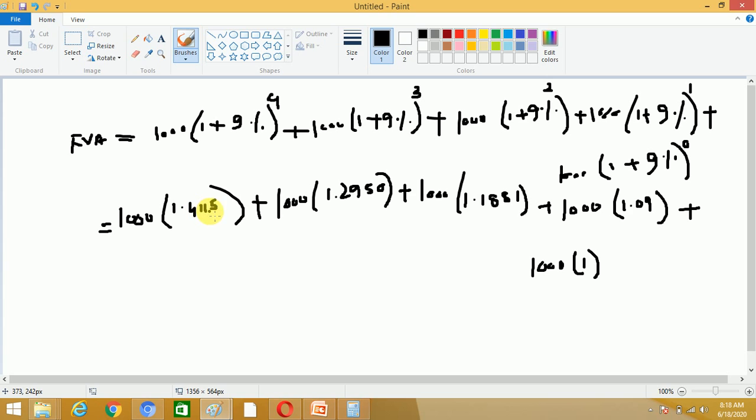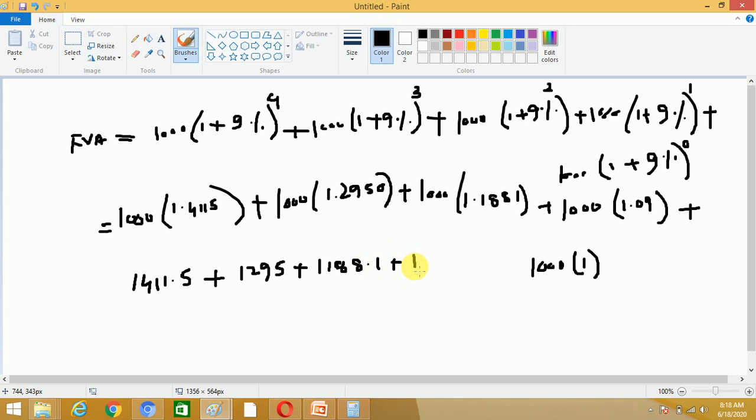1000 into 1.4115, so it becomes 1411.5. Plus 1295. Plus, when you multiply it, 1188.1.